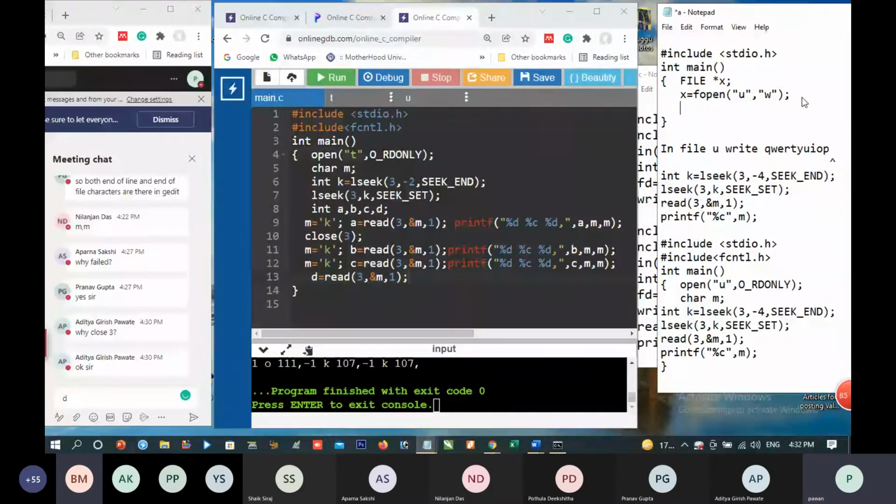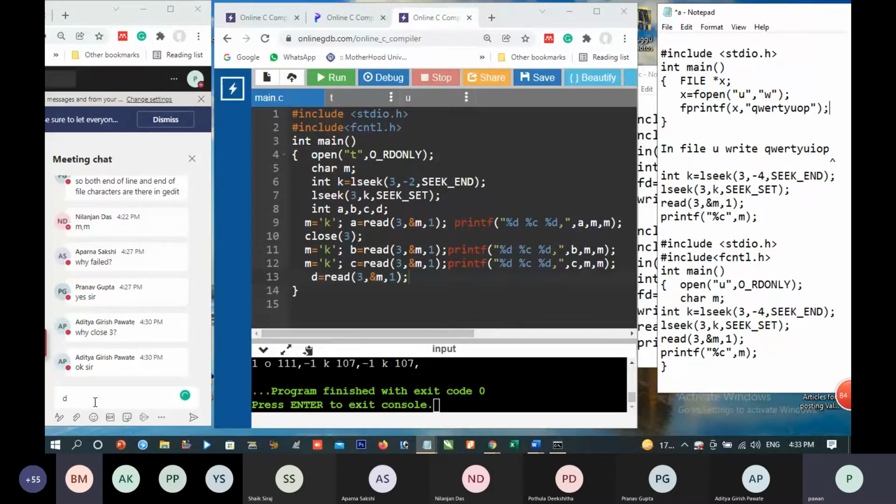If we make the file by this technique, because when we make a file by hand, an extra character comes.